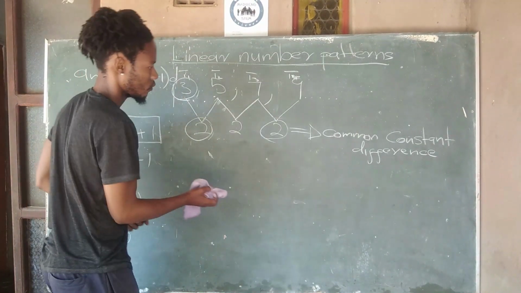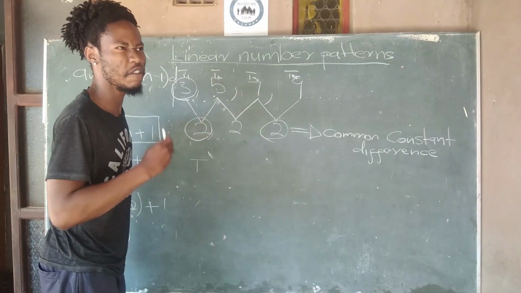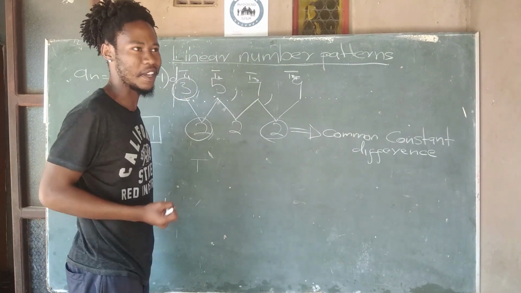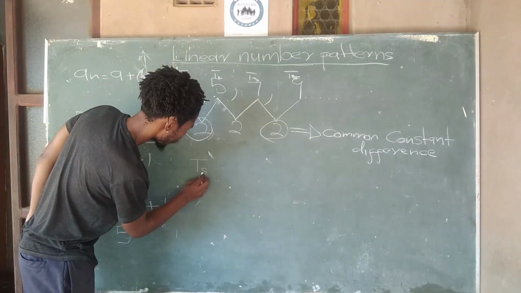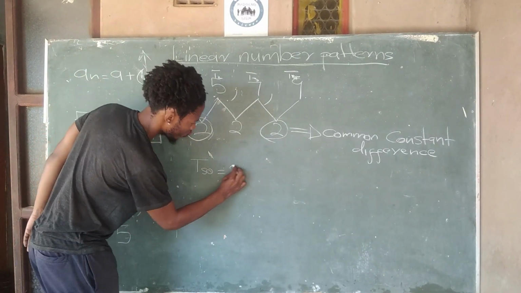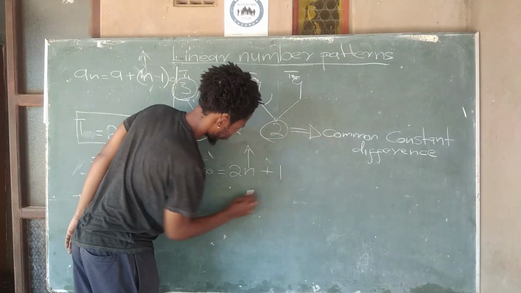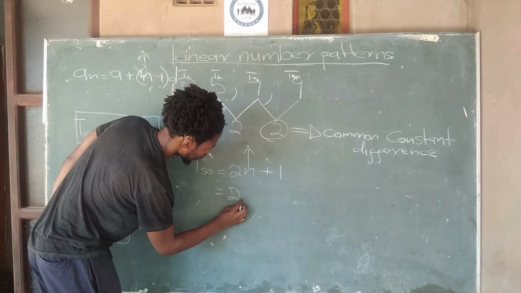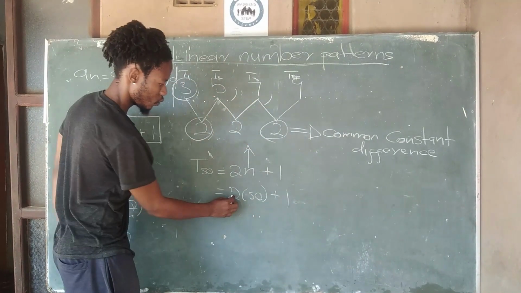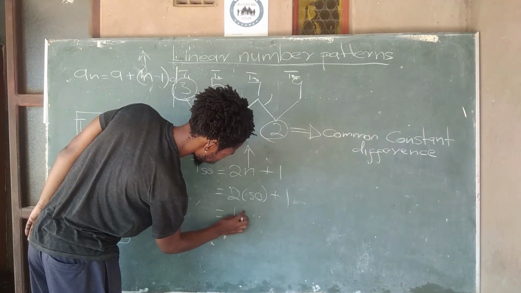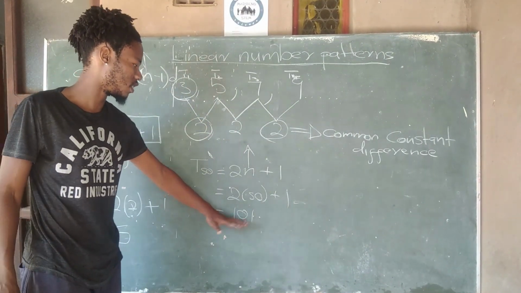If I'm looking for term number 50, I will substitute n with 50. 2 times 50 is 100, plus 1 is 101. This is term number 50, guys.